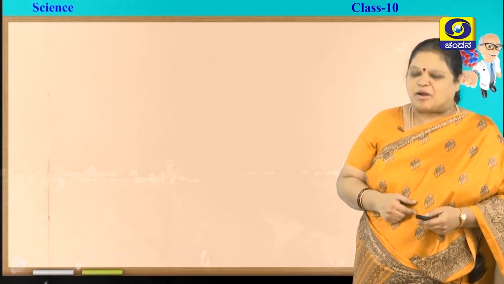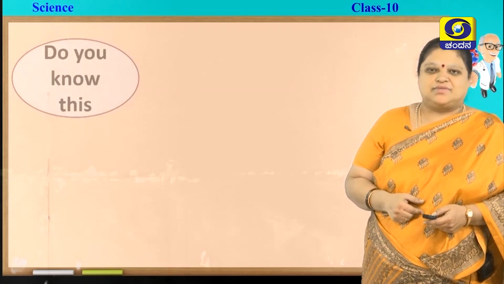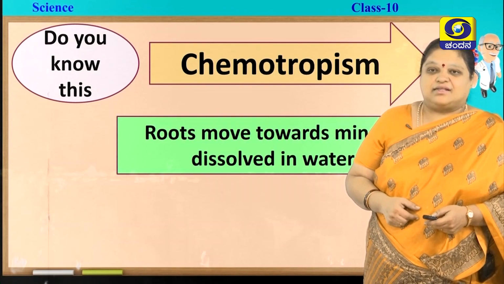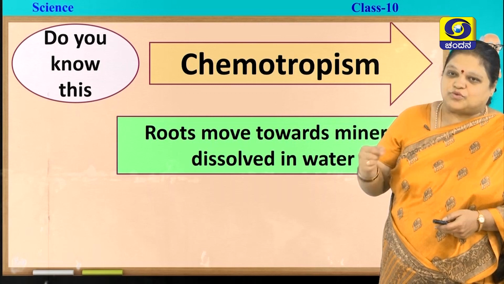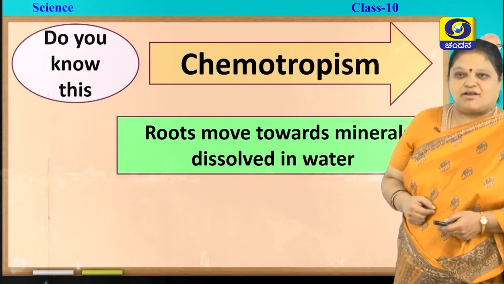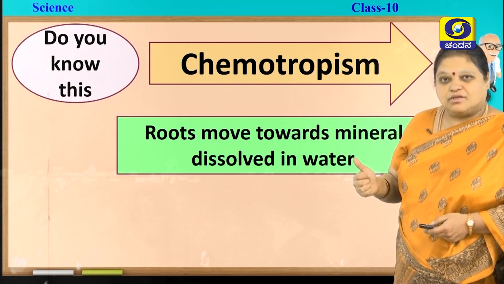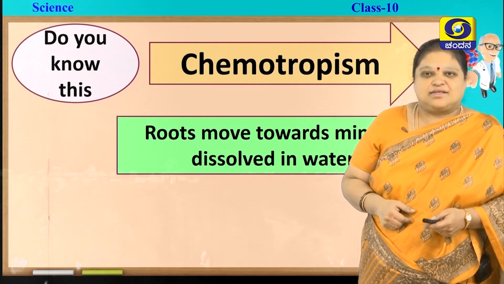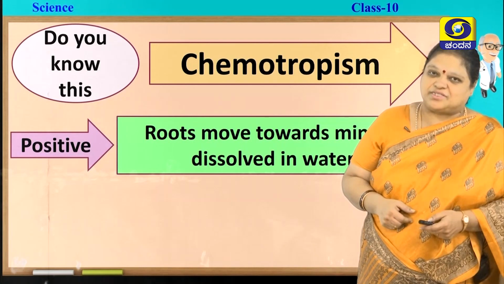I would like to give you some more information about chemotropism, which is very important for you in life. If the roots move towards minerals dissolved in water, you call it positive chemotropism.